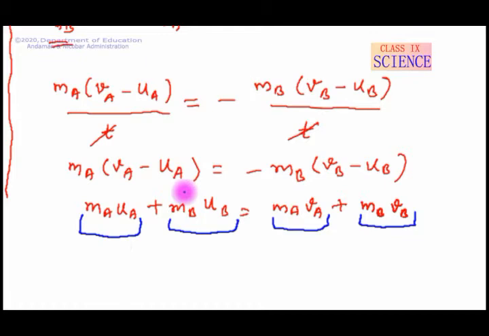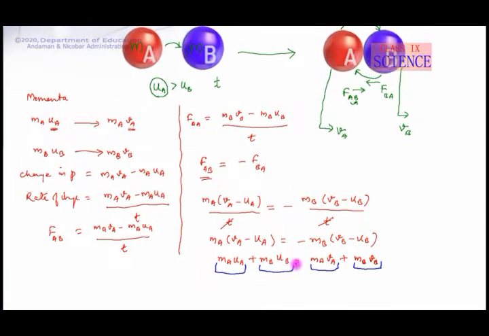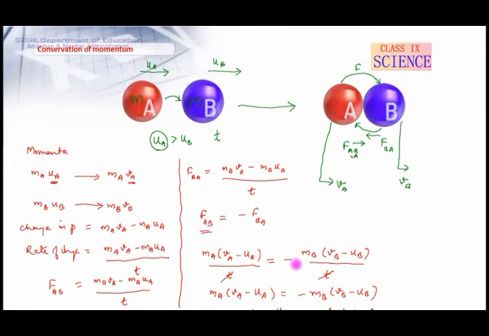There is no change in momentum before and after collision, which means the total momenta of the two balls before collision is equal to the total momenta after collision. We can see the momenta of objects before and after collision is unchanged. So, we can say that momentum is conserved by collision. So, this is what the law of conservation of momentum is.